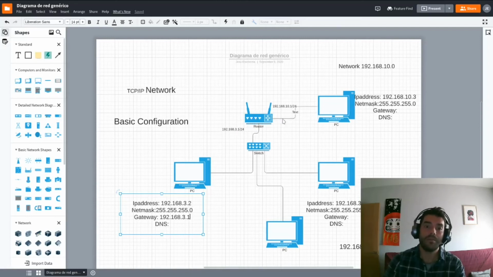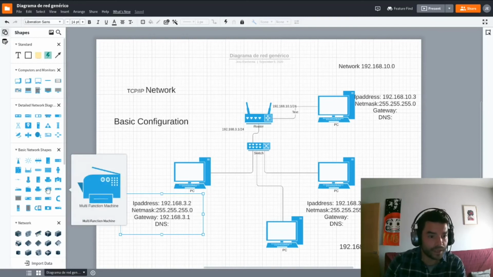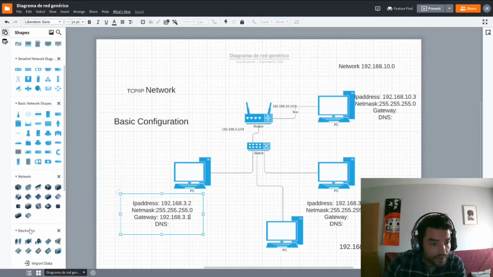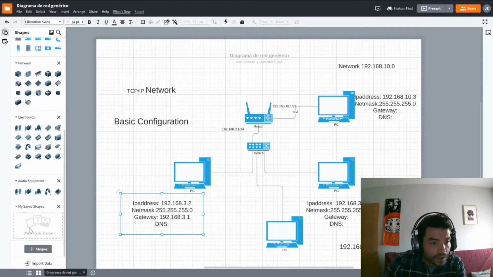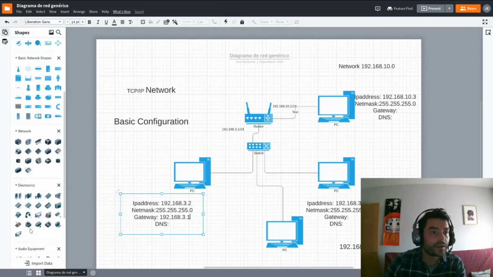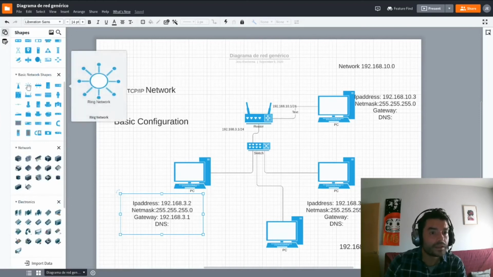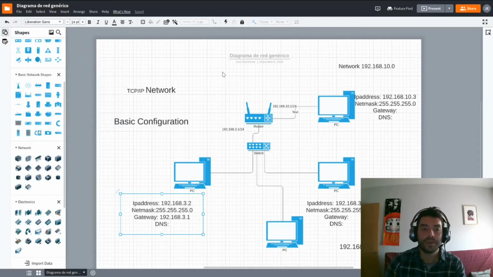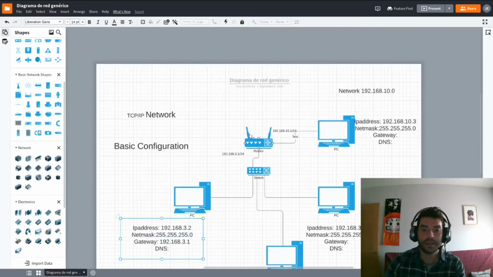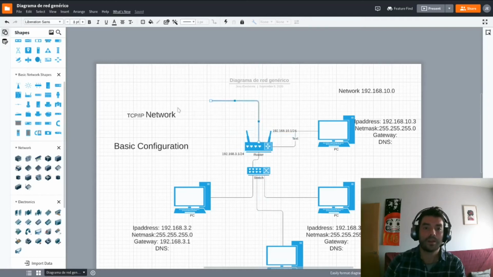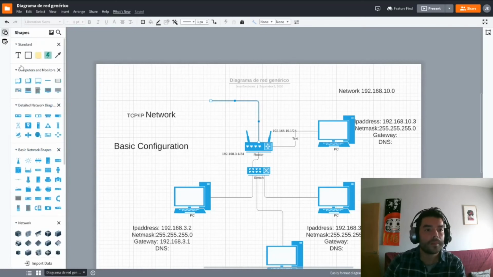Okay, it's the same as if you want to go to the internet. Maybe we have here some shapes or something related to the internet. No? Okay. Well, but imagine here you want to go to the internet, so the router also can be connected to another place, and this would be the internet.